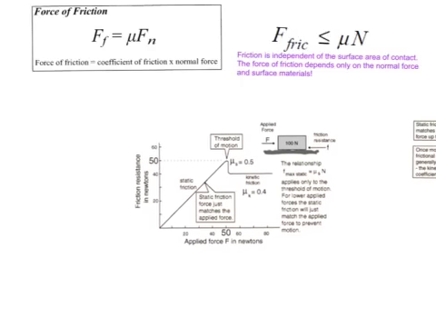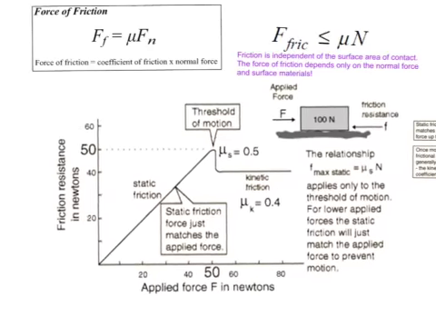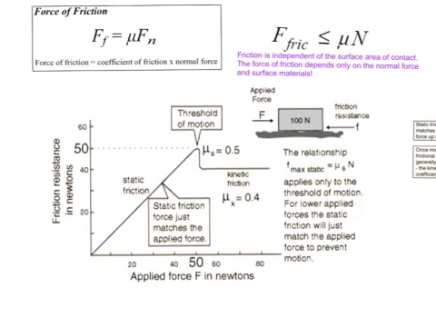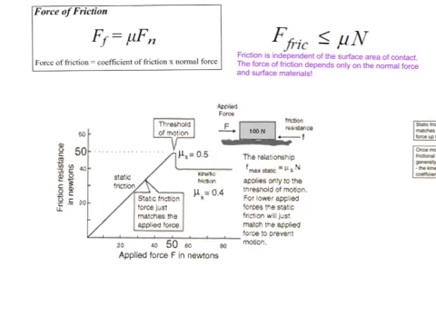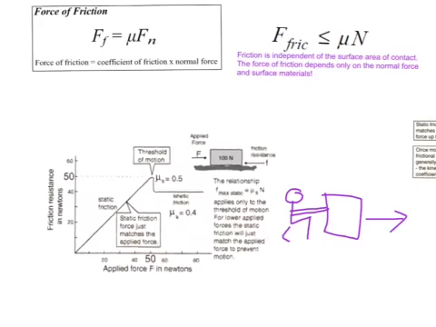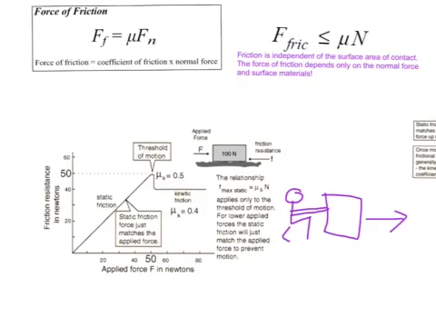Now if we take a look at, say, a graph of friction versus applied force, okay, as you begin to push on something, say we've got a box over here and a person is going to push that box this direction, okay. As they begin to push that box, their force increases linearly because that static friction matches that applied force.